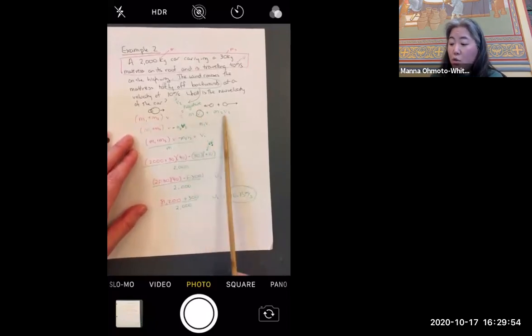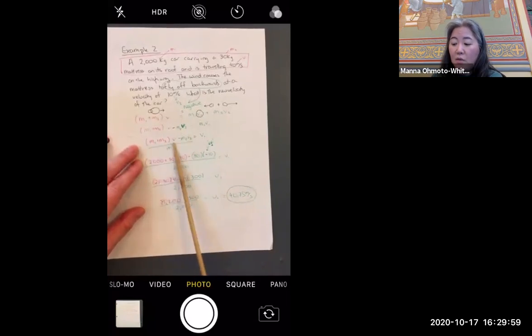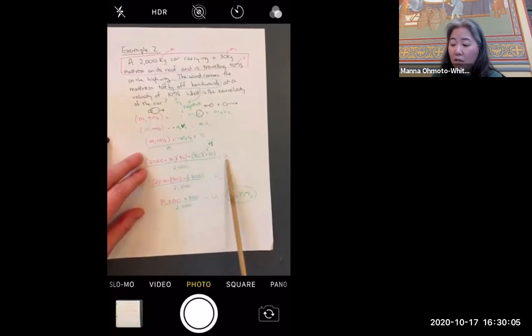So reminding that it's a negative sign, I then want to isolate for v1. First I subtract m2v2 from both sides, and I get (m1 + m2)v minus m2v2 is equal to m1v1. And then I divide by m1, and I have the v1 here.